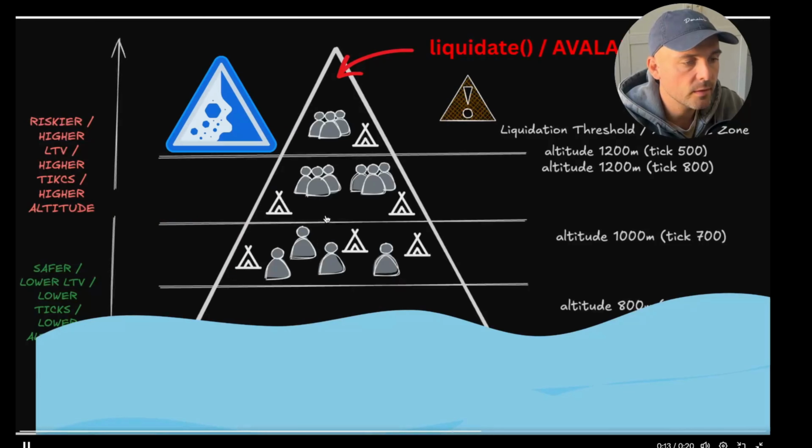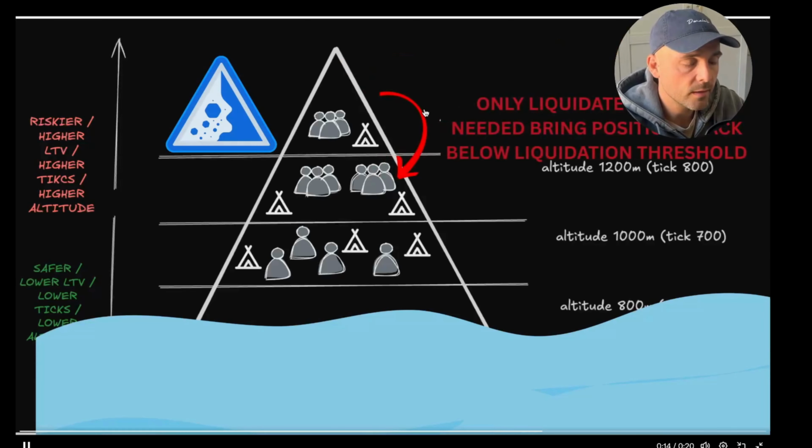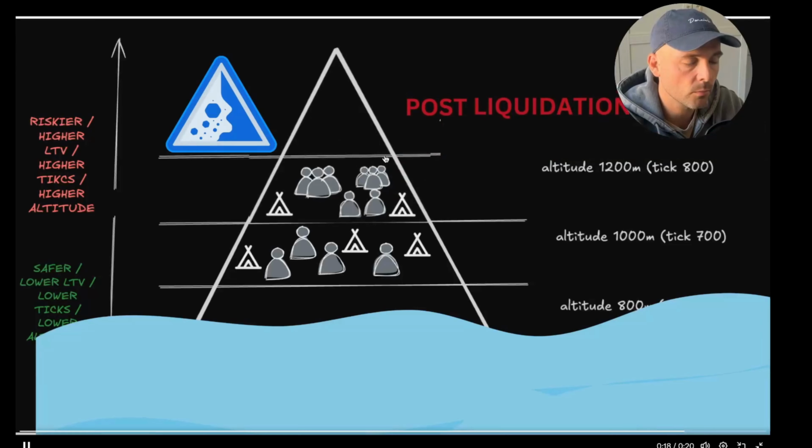So as we can see here, some campers have been pushed so high up that they are within avalanche territory. And this would be synonymous to some ticks and their corresponding positions being pushed beyond the liquidation tick threshold and being subject to liquidation. So now here you can see that the liquidate method is called, or the avalanche hits, and we can see that some campers are being reallocated from the danger zone back into a safe altitude territory.